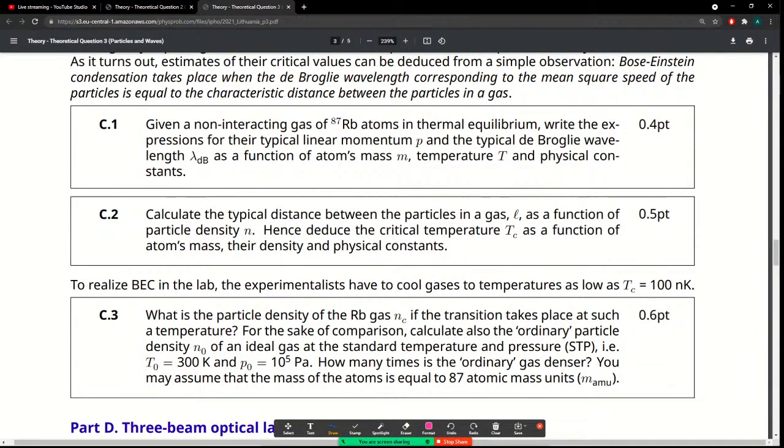Yes, it can be. That would make sense because it says the de Broglie wavelength corresponding to mean square speed is equal to the characteristic distance. Yeah, then we'd use that.